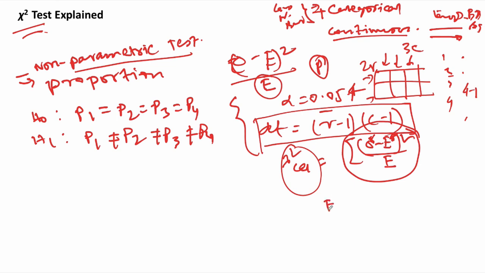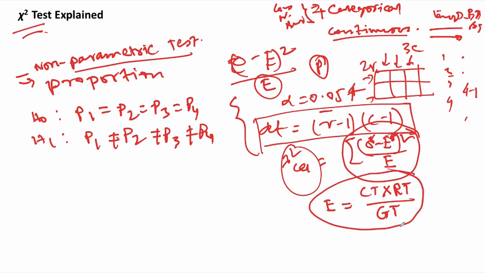So in that case, the formula is column total multiplied by row total divided by gross total. We'll explain in detail what is column total, what is row total, what is gross total. The moment I get this value, this will be the respective expected value against each and every observed value.